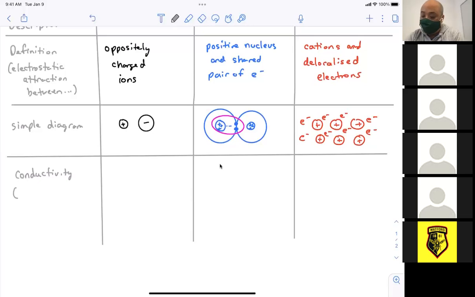Conductivity depends on the presence of free moving electrons or ions in the substance. Okay? And so each one can have conductivity or not, and depending on the state of matter, it can matter.